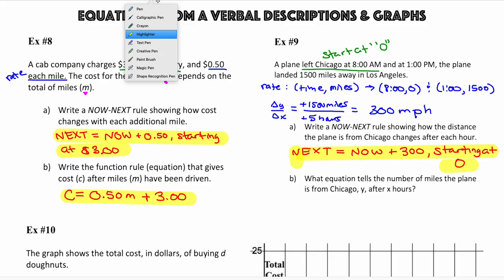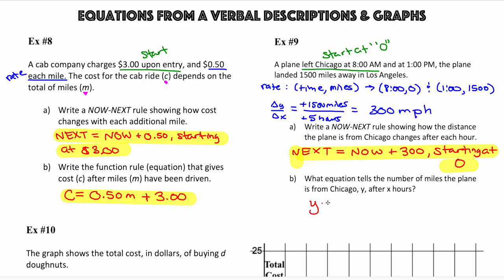Part B asks us to write the equation that tells the number of miles the plane is from Chicago, y, after x hours. So this one is telling us in x's and y's. y is the number of miles. y equals, and we want to do slope-intercept form.